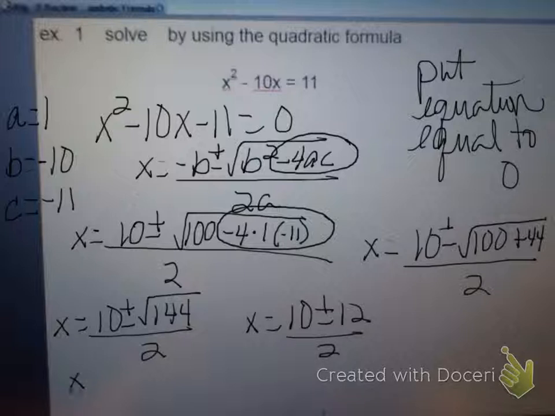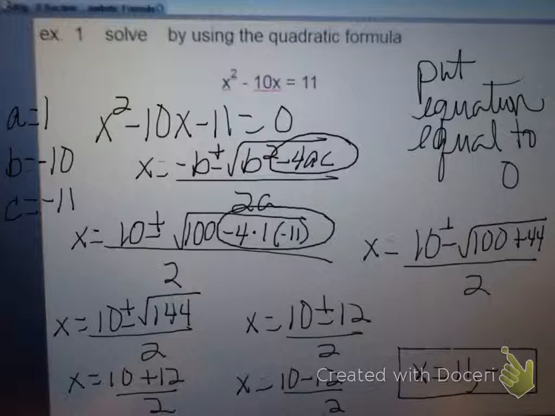You have two separate answers. x is equal to 10 plus 12 over 2, and x is equal to 10 minus 12 over 2. 10 plus 12 is 22 over 2, which is 11. And 10 minus 12 is a negative 2 over 2, which is negative 1. So there are your two answers.